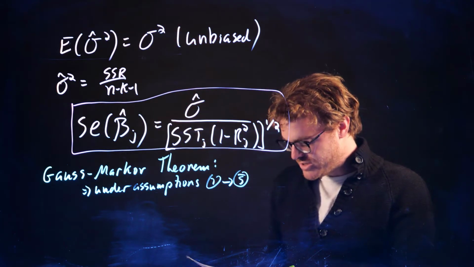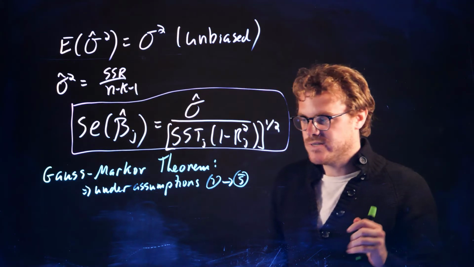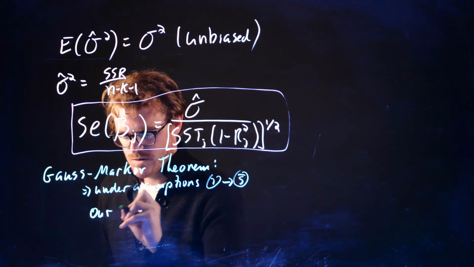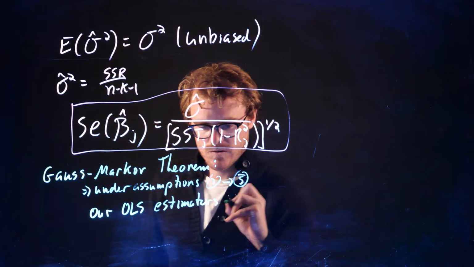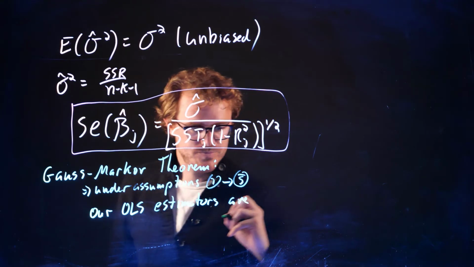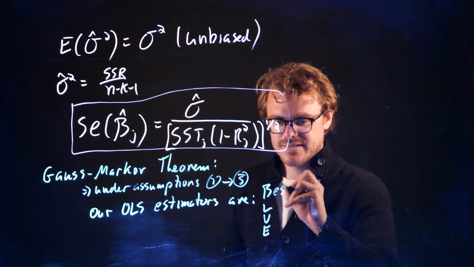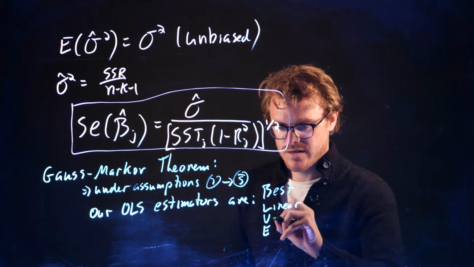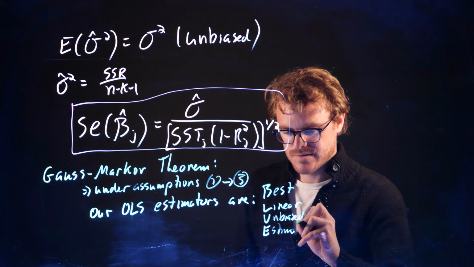If these assumptions hold, then our estimators are BLUE. They're the best linear unbiased estimators.